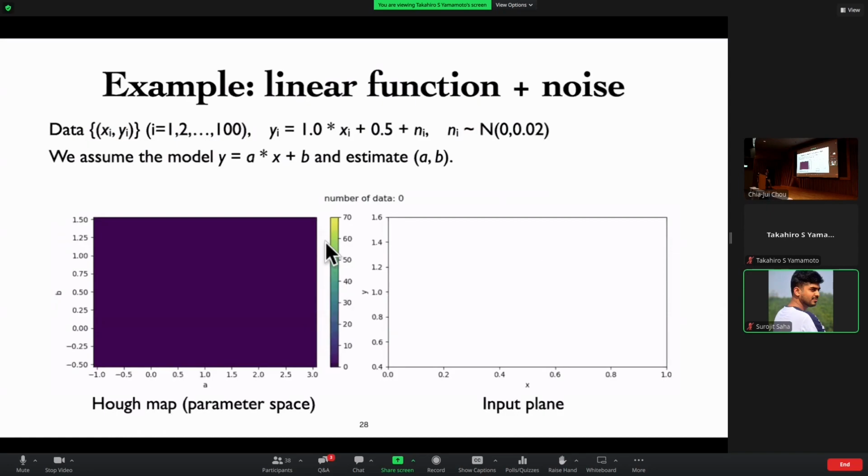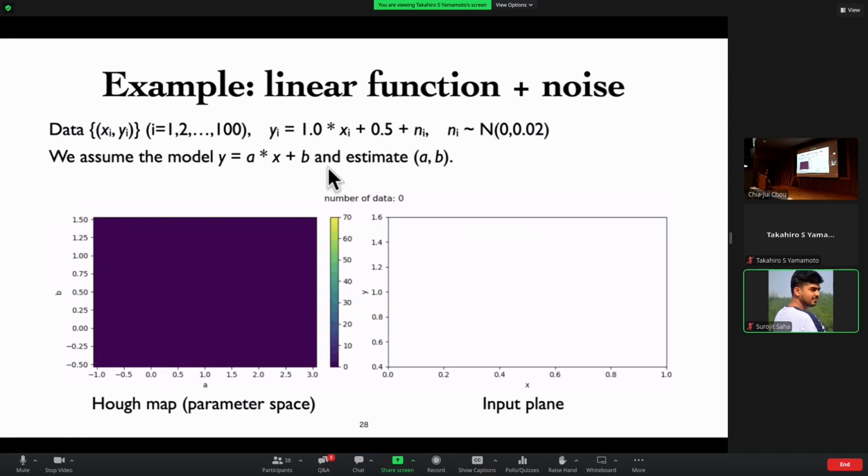So this is a demonstration of the Hough transform. Here we have a data set of X and Y, and they have a relation as a linear function plus noise.